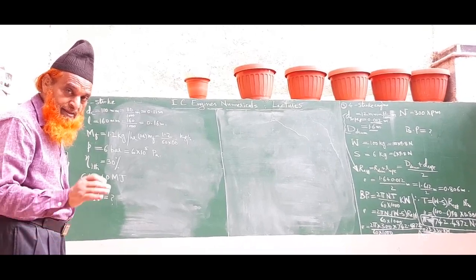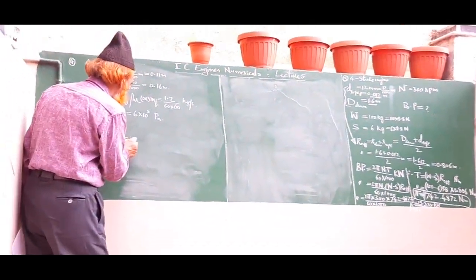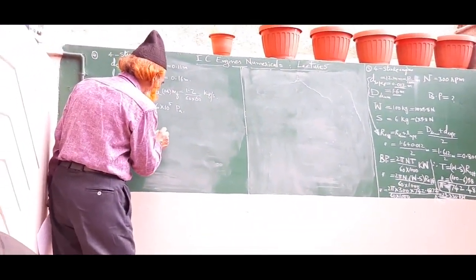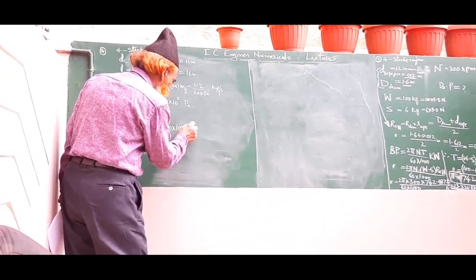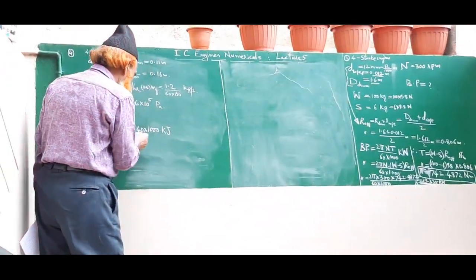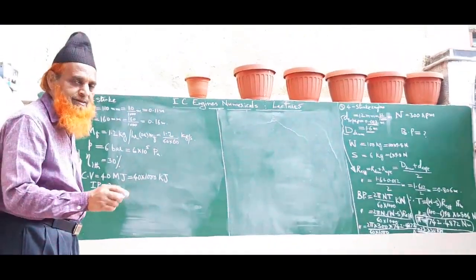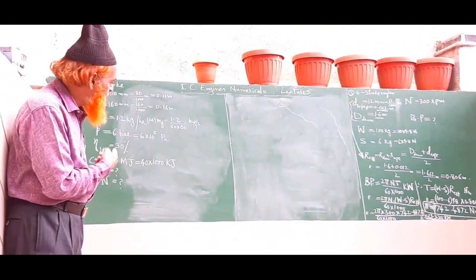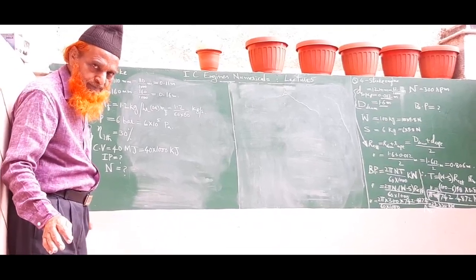Because the indicated power we are taking in kilowatt, it can be taken in kilojoule. Mega means 10 to power 6, so it will become 40 into 10 to power 6 joules. Kilojoule means divided by 1000 again, therefore it is 40 into 1000 kilojoule. Is it clear to all of you?